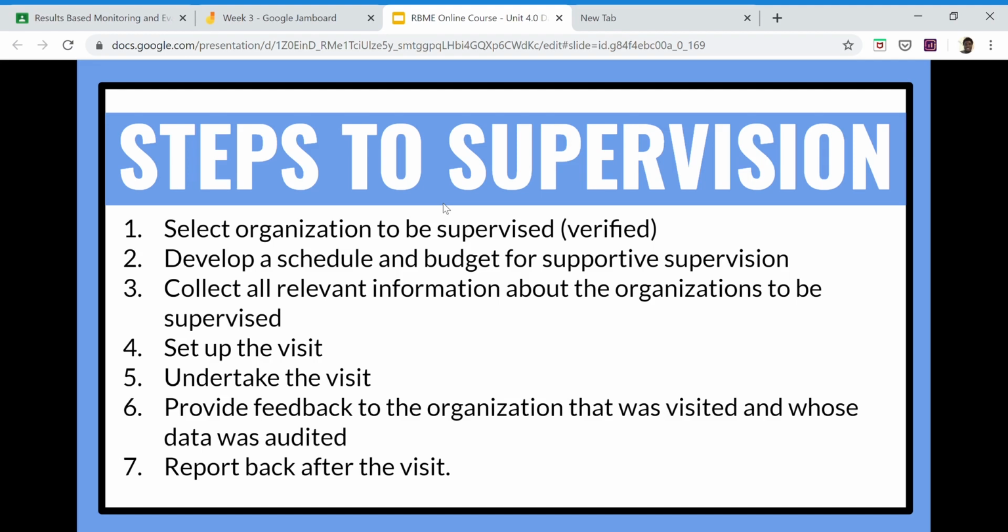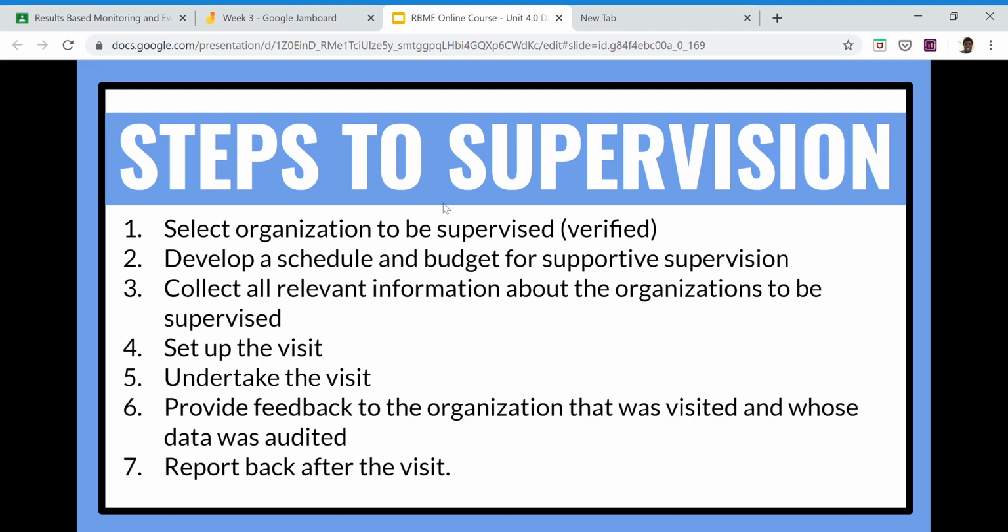So these are some of the things you will want to look at during your visit, and also check whether records have been archived appropriately. So this is another way to check on organizations.